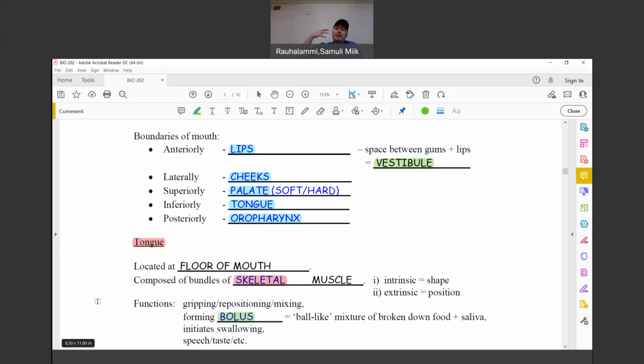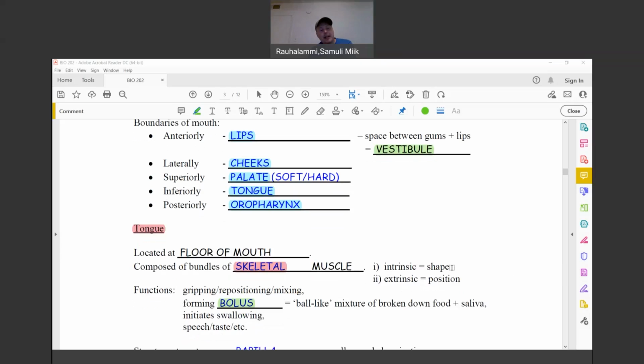The material that passes through the digestive tract is called by different names at different parts, based on what has happened to it, what its mixture is, and so on. So we are not going to talk about the food anymore at this level. We're going to talk about bolus. So bolus is the mixture of saliva and food material when the food material has also been broken down. Of course, one thing that I didn't mention from the tongue earlier on, the important role in speech production as well.